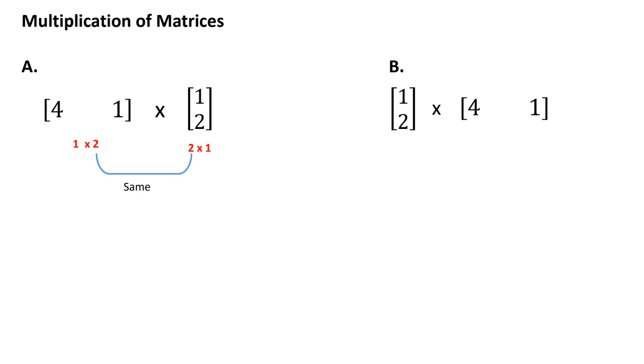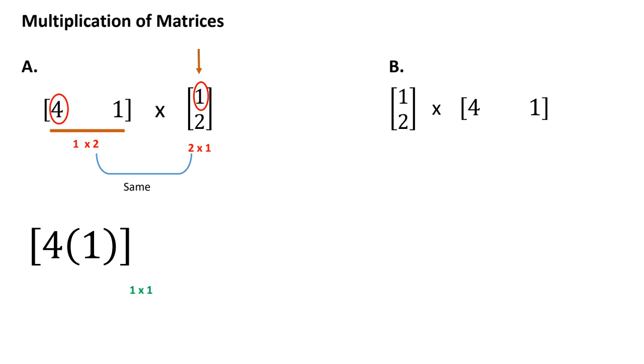The way we multiply matrices is the same way we found the dimensions: row times column.